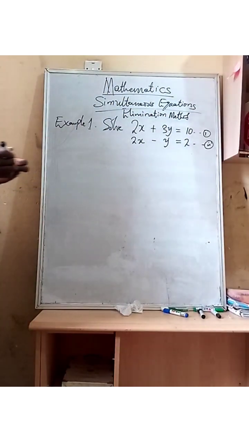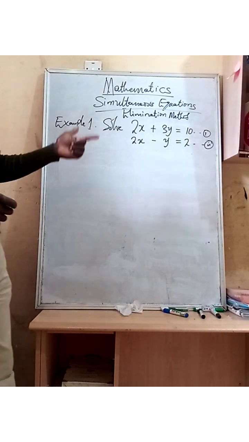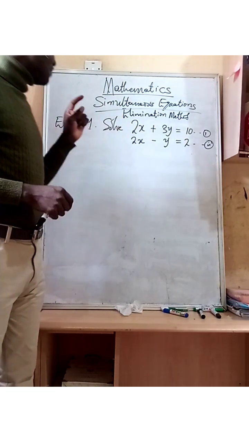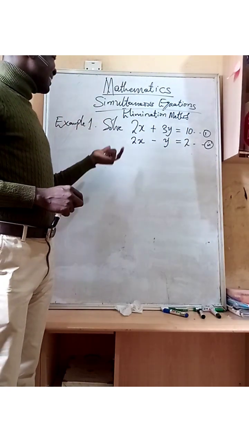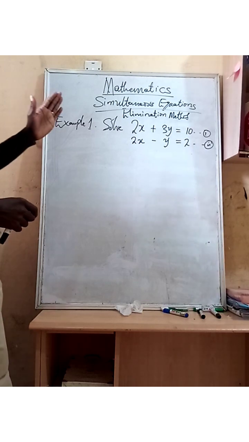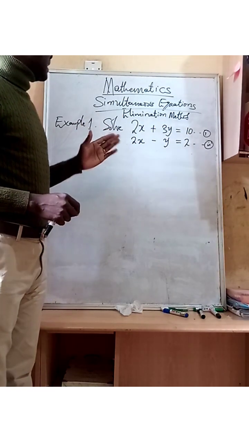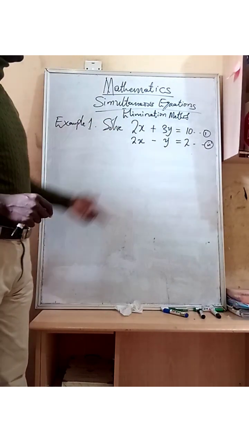The first thing to look out for is, do you have any of the variables? In this case, we have x and y. This system of linear equations is in x and y. So the first thing to ask is, do we have either x or y whose coefficients in both equations are the same?